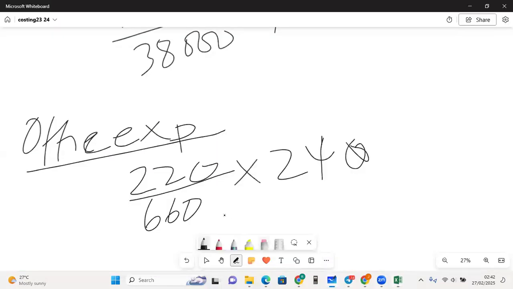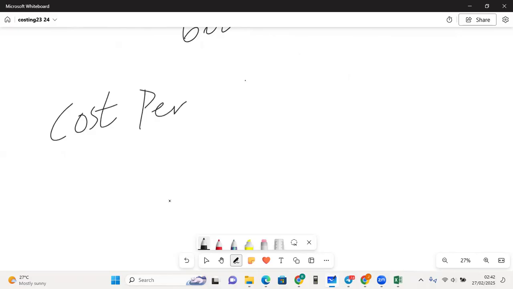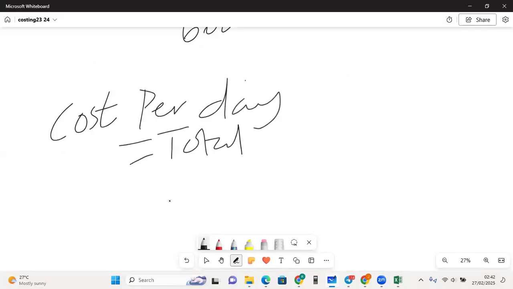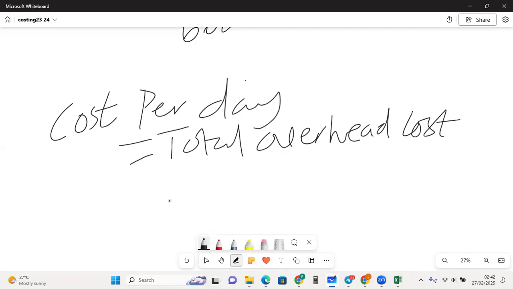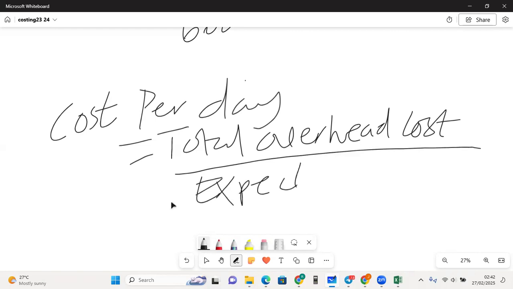So cost per day is equal to total overhead cost divided by expected usage.